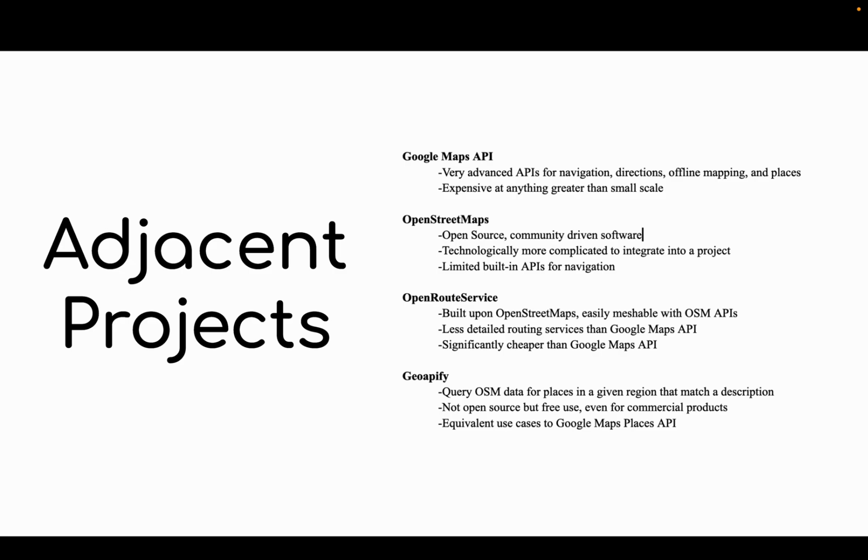For some open source alternatives, we have OpenStreetMap, which is a little bit limited in API use, but because it's open source, there's a bunch of other projects which help out with that lack, such as OpenRouteService, which is significantly cheaper than the Google Maps API, as well as Geoapify, which lets you query OpenStreetMap data, which is very, very cool, and is also equivalent to the Google Maps Places API.